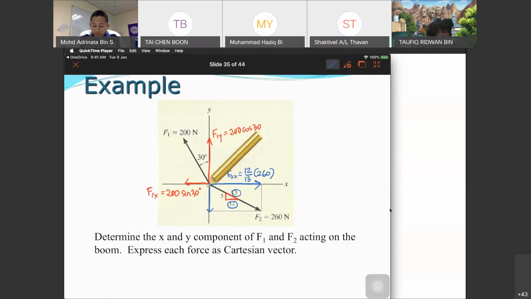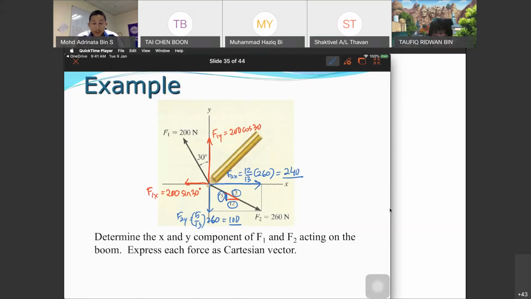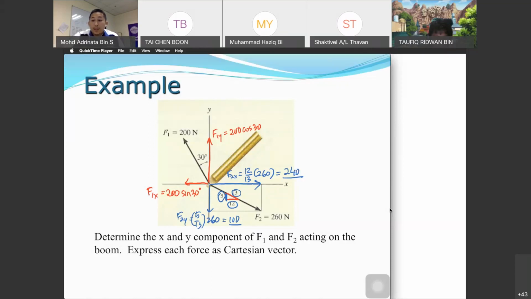And then for F2 Y, we have 5 over 13 times 260. So that is 240 Newton for X, and 100 Newton for Y. So this one you can calculate. That is how you break your force.